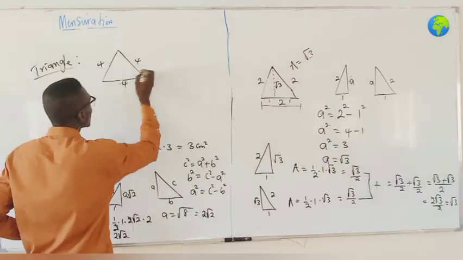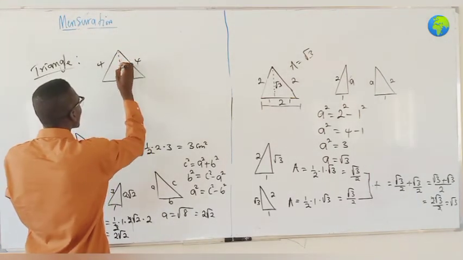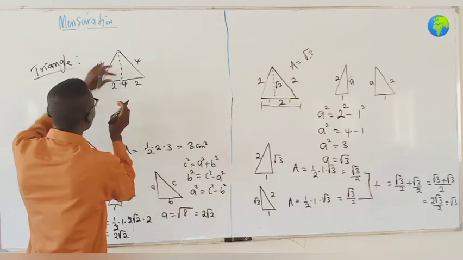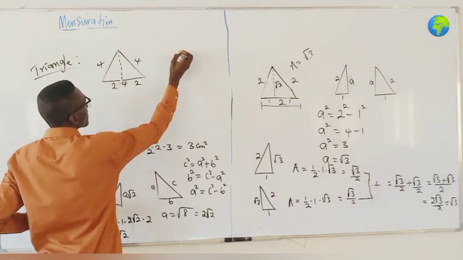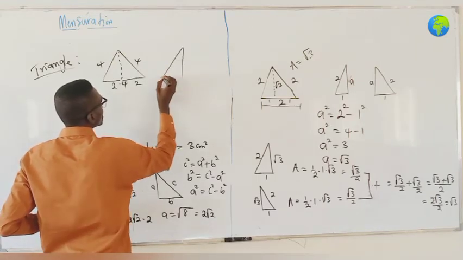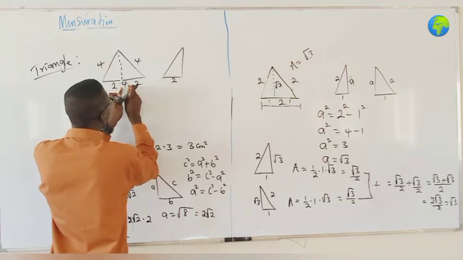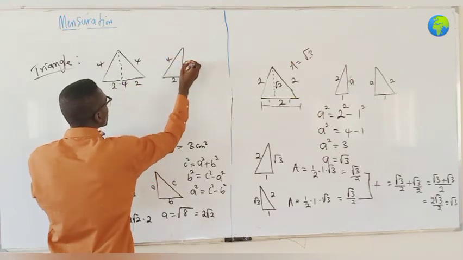So for the area of this, I have to split it into 2 again. Remember the technique? This is 2, 2. So assuming this part is just alone, this side is 2 because I split this. If I join it, it gives me the center. This is 4. I don't know what this side is.